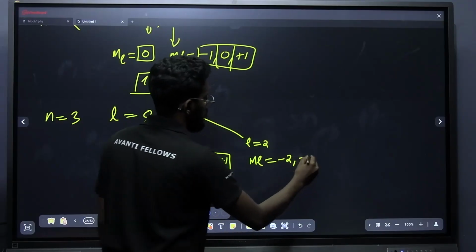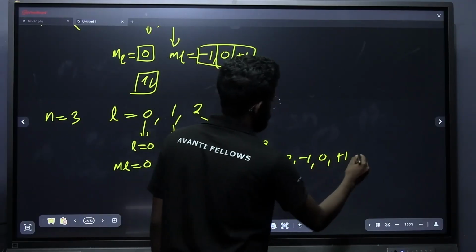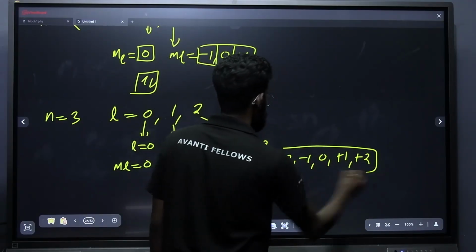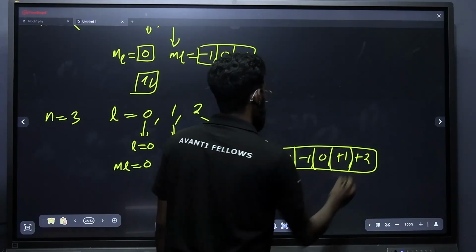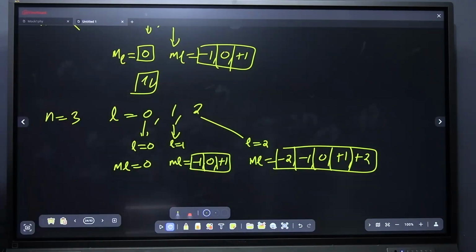Minus 2, minus 1, 0, plus 1, plus 2. That is 5 orbitals. Is it clear? Any doubt in this?